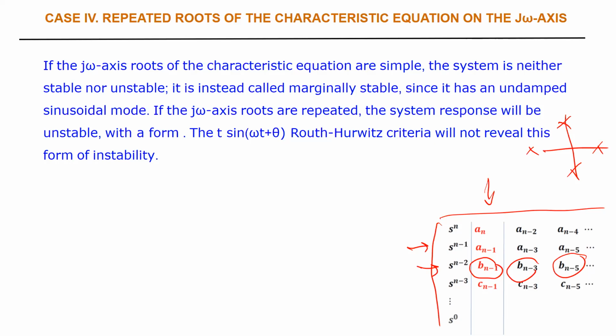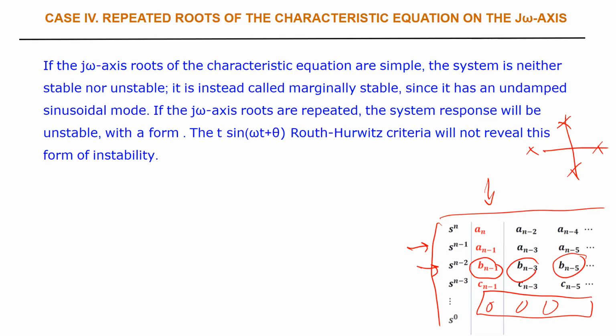When you replace it and continue, somewhere in here, you will have another row of zeros. So you do the same thing which we have done. Get the auxiliary equation before it and then proceed. But in this case, you might end up with all the elements after replacement being positive, no sign change.